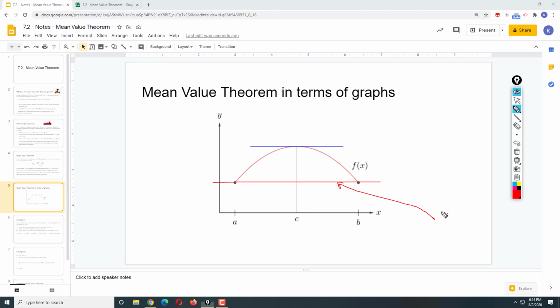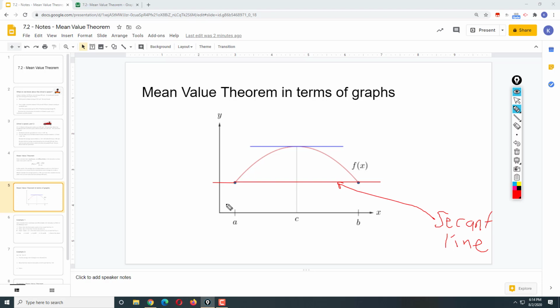This line is called the secant line, secant as in cosine, cosecant, secant from trigonometry. Because f(a) is equal to f(b), this line is horizontal. It's flat, it's not going up, it's not going down.